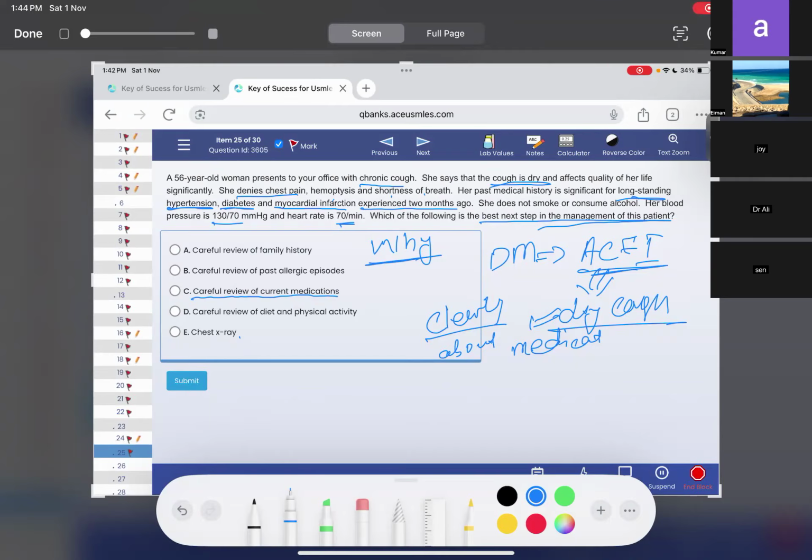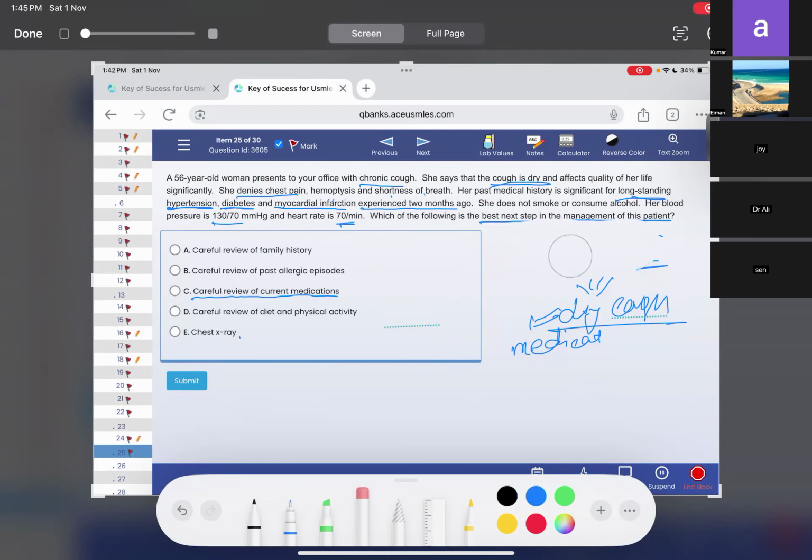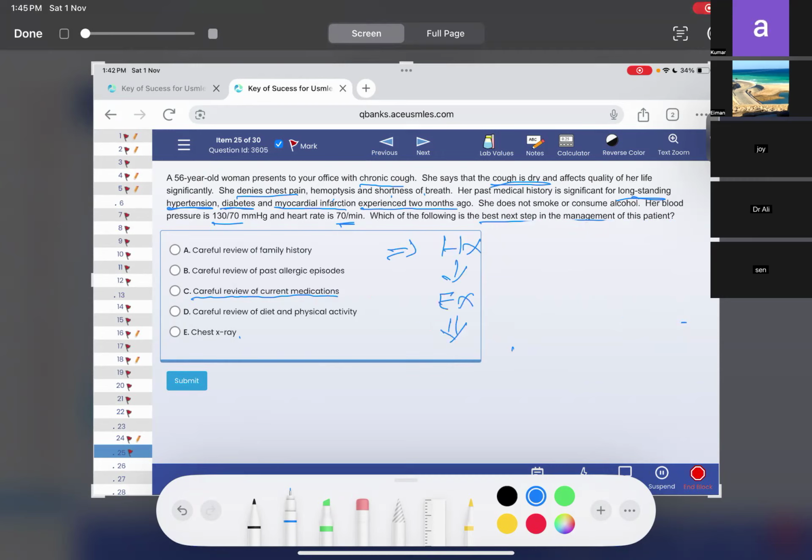First comes history, and after history you should go with examination, and after examination you should go for differential diagnosis, and after differential diagnosis you should go for investigation.